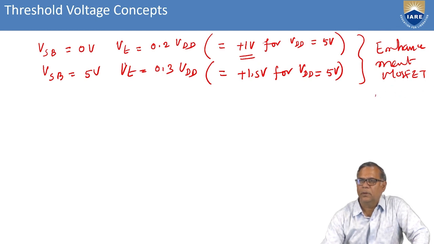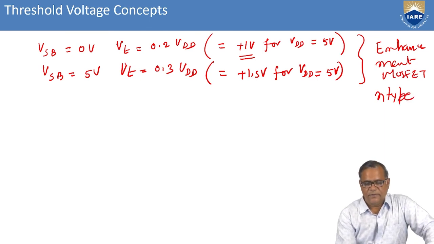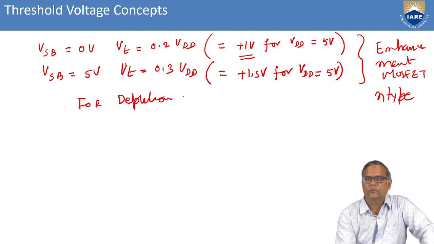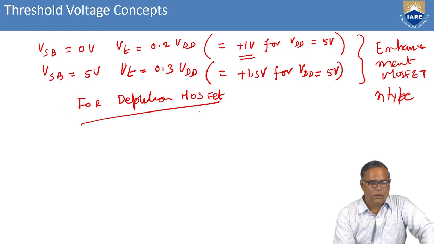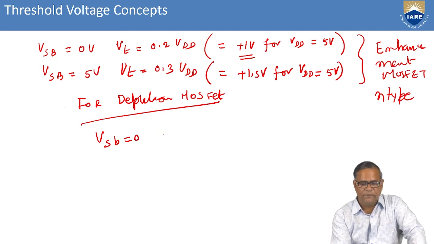Okay. Now, what are the values for depletion MOSFET? For depletion MOSFET, it's like this. For a depletion MOSFET, we assume that when VSB is equal to 0, VT is going to be minus 0.7 VDD.